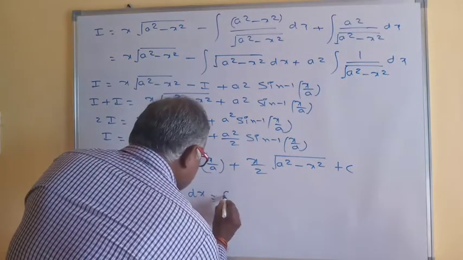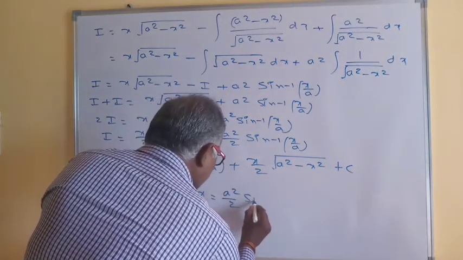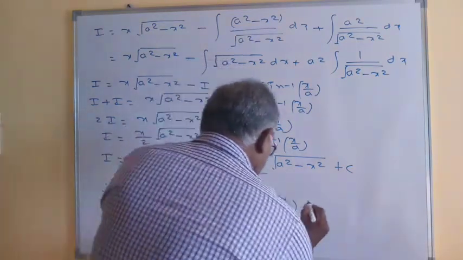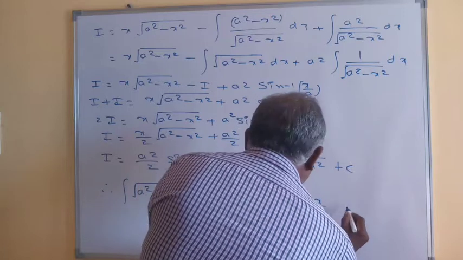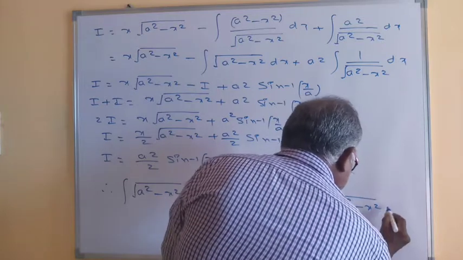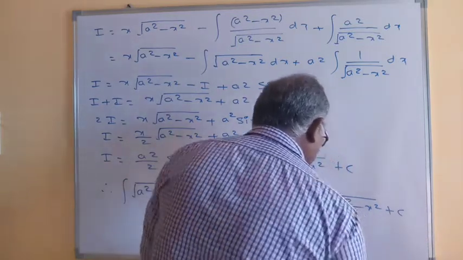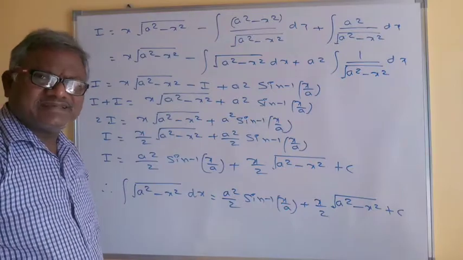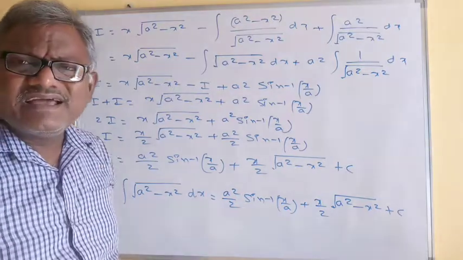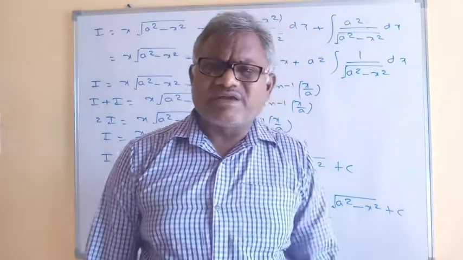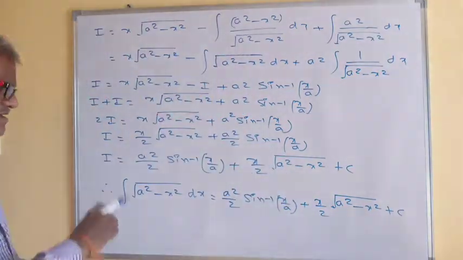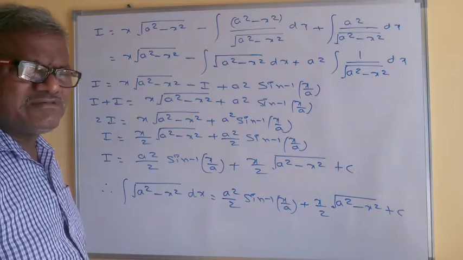So the formula is a square by 2 sin inverse x by a plus x by 2 into root of a square minus x square plus c. Okay, this is the formula for root of a square minus x square dx. This is the special one.